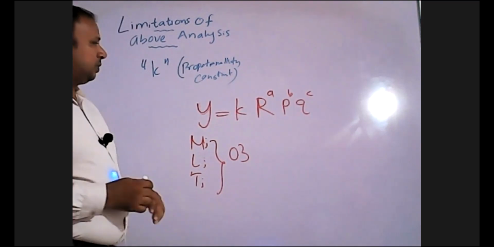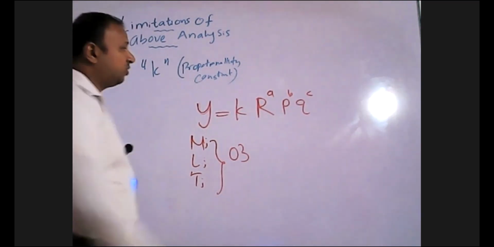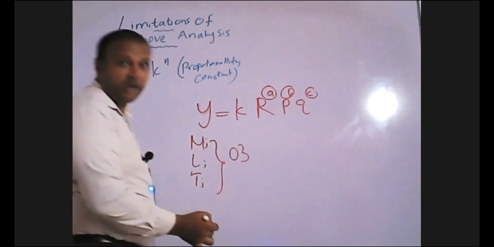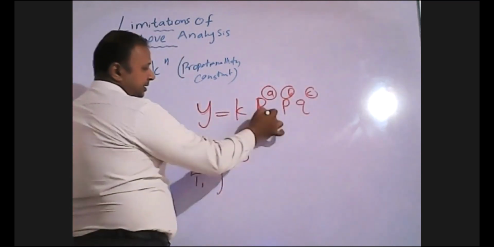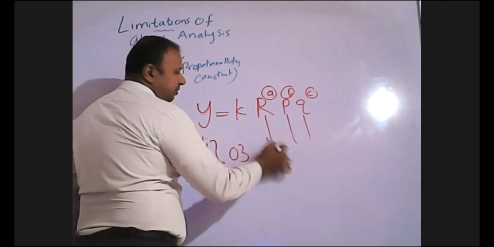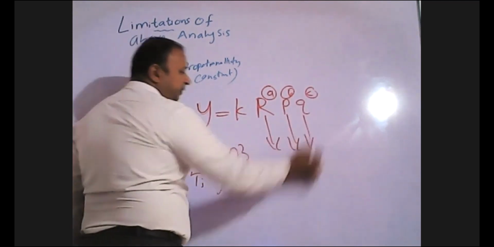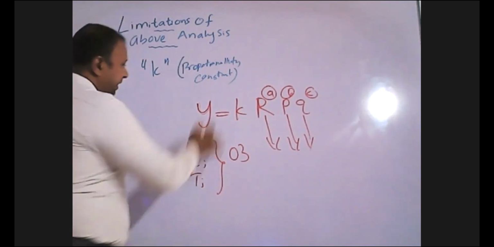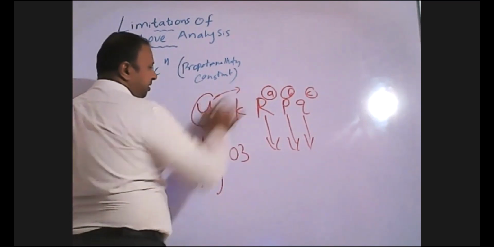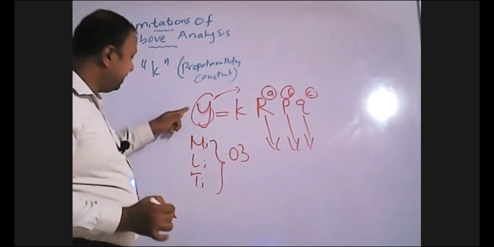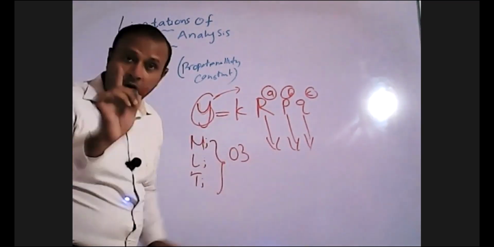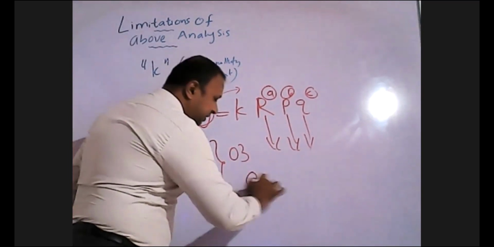Okay. So if I evaluate 3 unknown factors, there are 3 different physical quantities. Here, there is another physical quantity. Altogether 4 physical quantities.